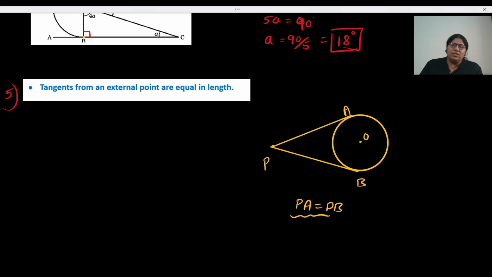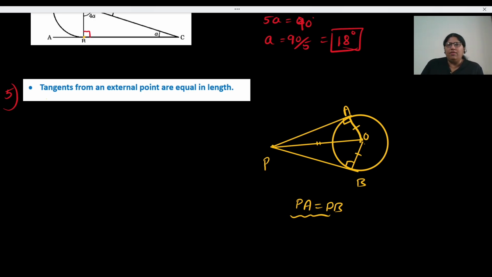We can prove any of these theorems using congruency, because you know that the tangent is perpendicular to the radius. So I can draw two radii here, OA and OB, and these will be 90 degrees and 90 degrees. Now if I divide it into two triangles, you know that OP is the hypotenuse and a common side, and the radii will always be equal.